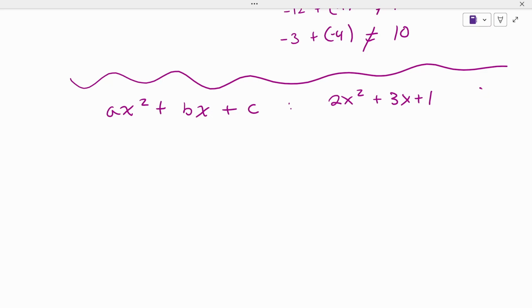And so the question is, what are we going to do with 2x squared plus 3x plus 1? And the answer is we will turn to factor by grouping for trinomials. And this is kind of a last-ditch effort to factor a given trinomial. If you can't use guess and check, then try the factor by grouping technique.